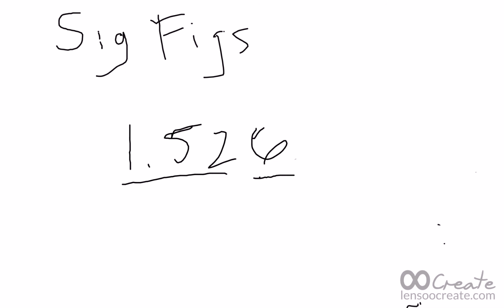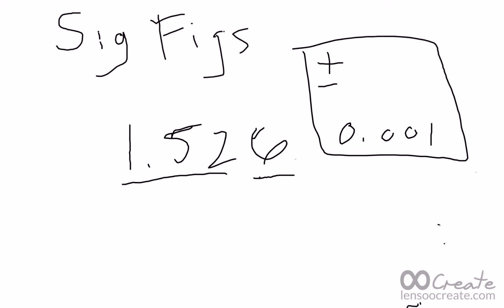Whenever you have an instrument, it's normally going to have some sort of error range. Sometimes it's called a standard deviation, how far out the error can go. So here we have plus or minus 0.001.